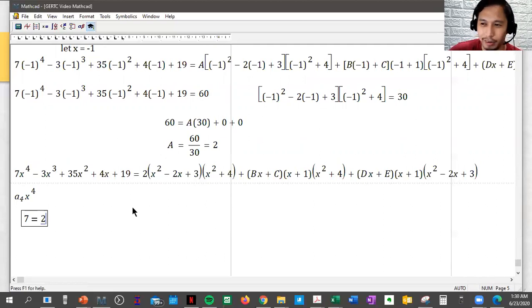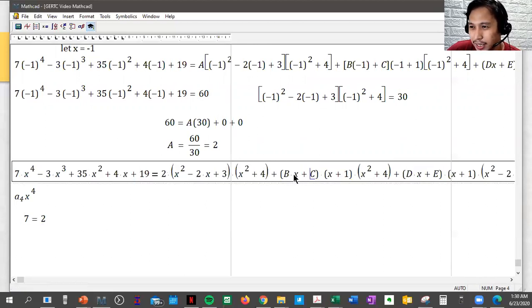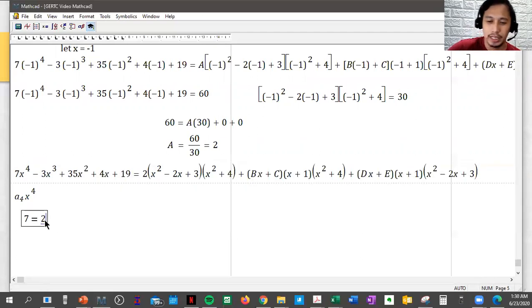We're not yet done, of course, no? Dito, bx, each term ha, bx times x squared. That is x to the fourth, no? So this is plus b. Bx times x squared is bx to the fourth. So 7 is equal to 2 plus b so far, no? But hindi pa tayo tapos.